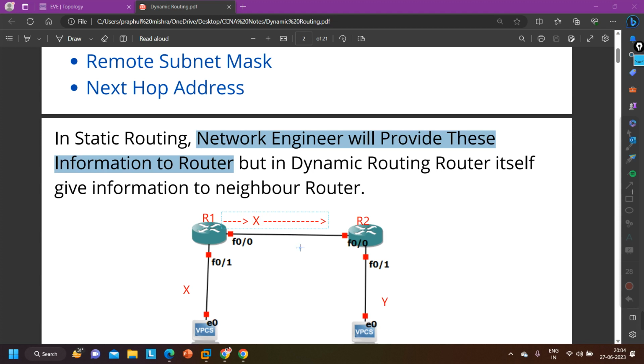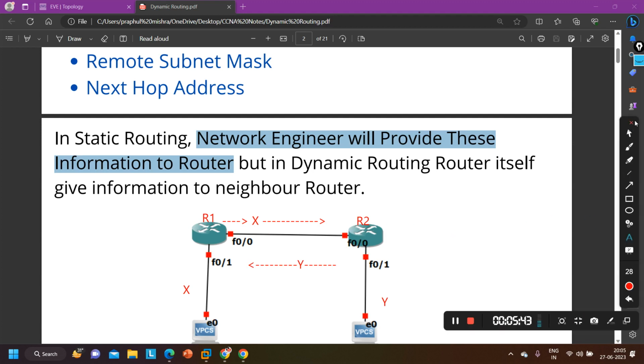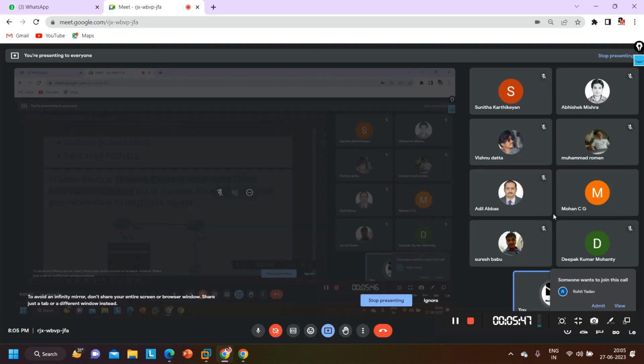In the same way, router 2 will forward to router 1 the Y network. So both router 1 and router 2 will get the remote network. This is how dynamic routing works.